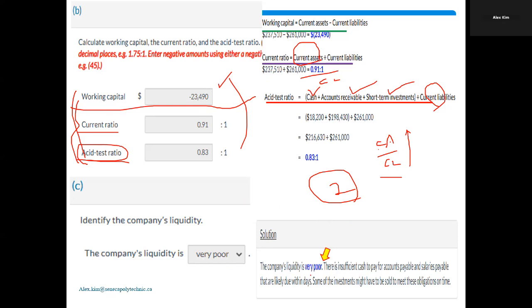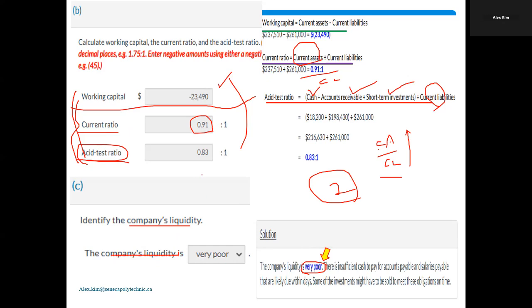In this case, the company's current ratio is only 0.91, lower than 1. That means the company has more current liabilities than current assets. Very poor. Okay? We can analyze like that.